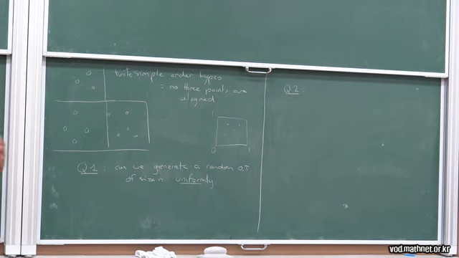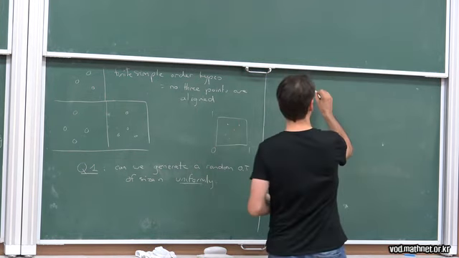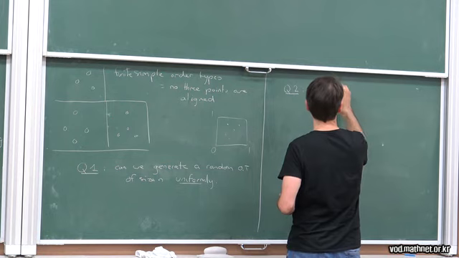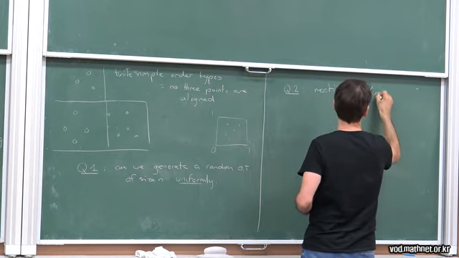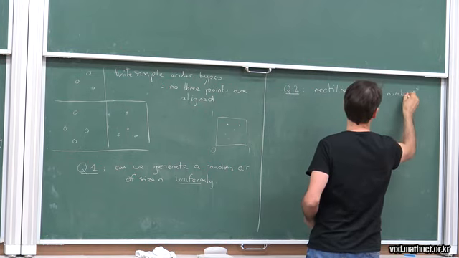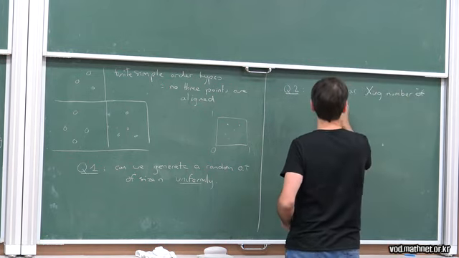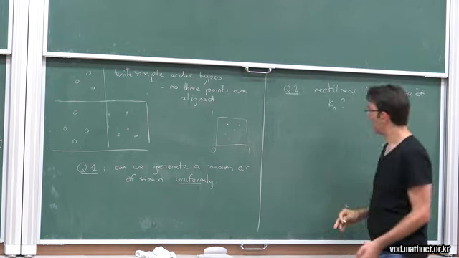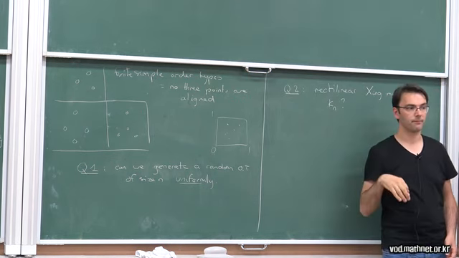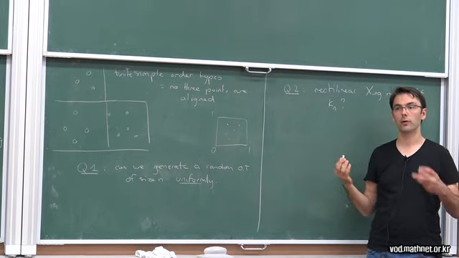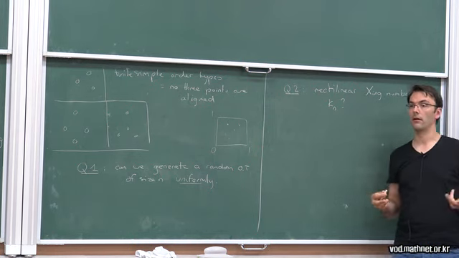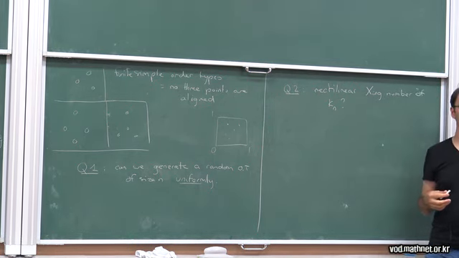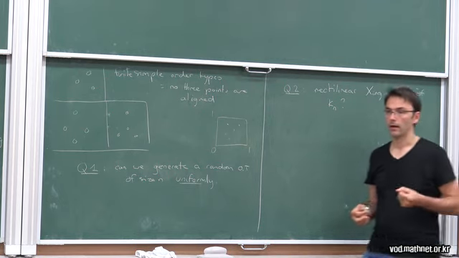So what is the rectilinear crossing number of Kn? So we know that there's a positive fraction of the quadruples of points that will define a crossing, and the question is, what is this minimum fraction?